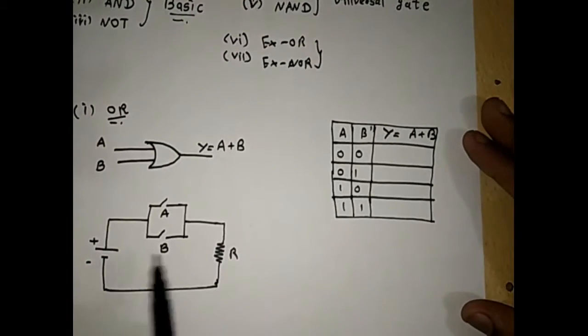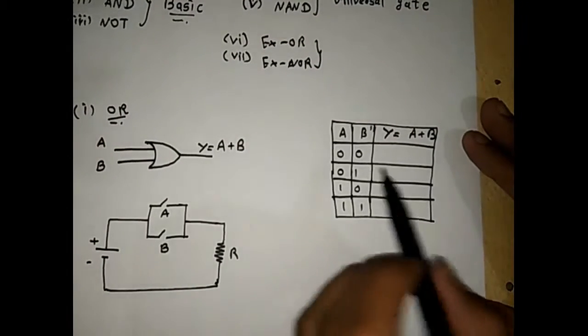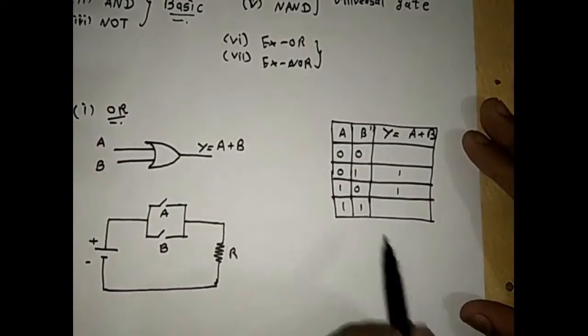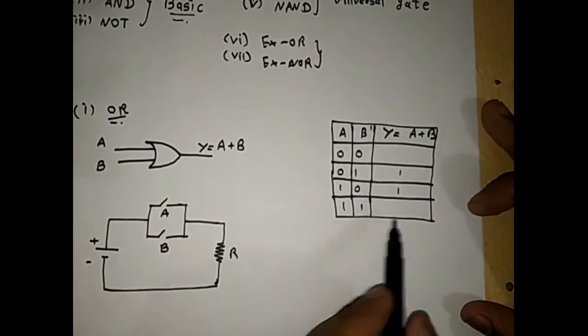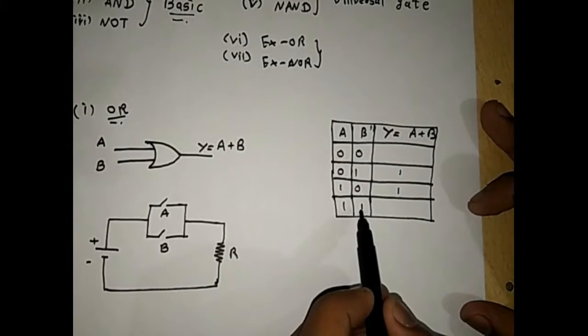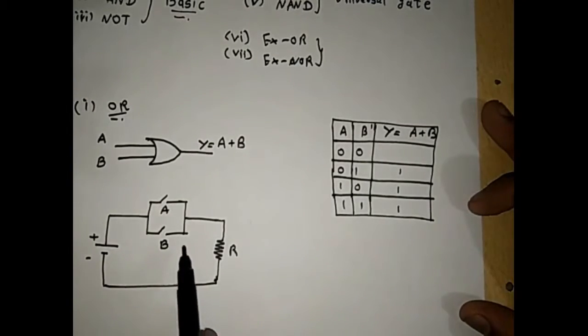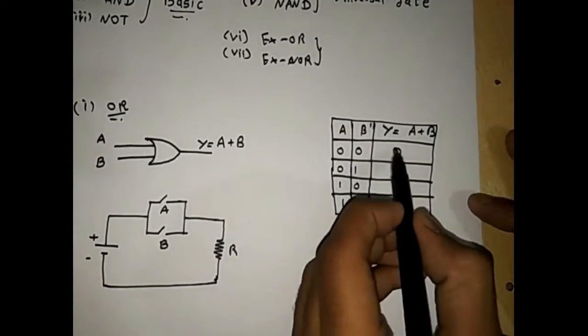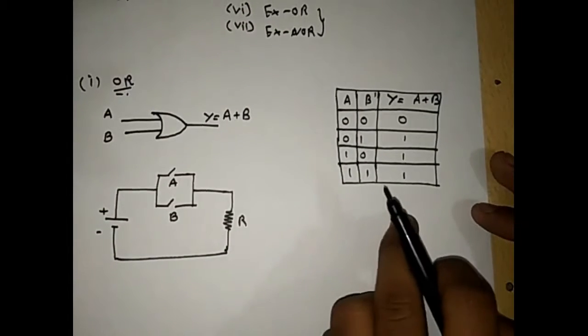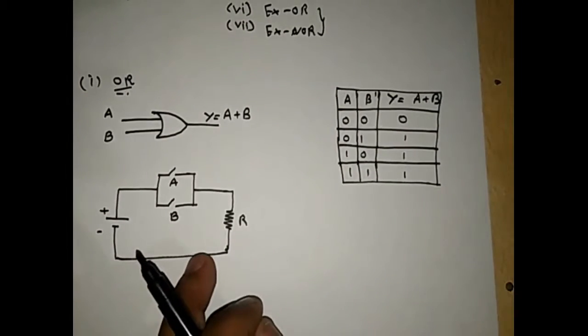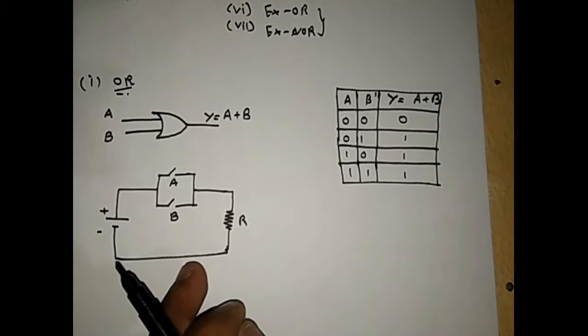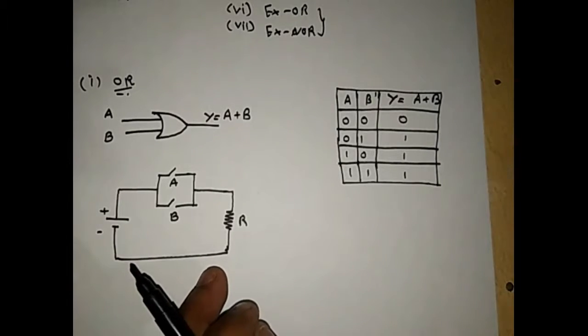If any one input is high, then current will flow, so the output is high. If both are present, the output will be high. And if no switch is closed, then the output will be 0. So this is the truth table for the OR gate. As an electrical point of view, this is the circuit diagram for the OR gate.